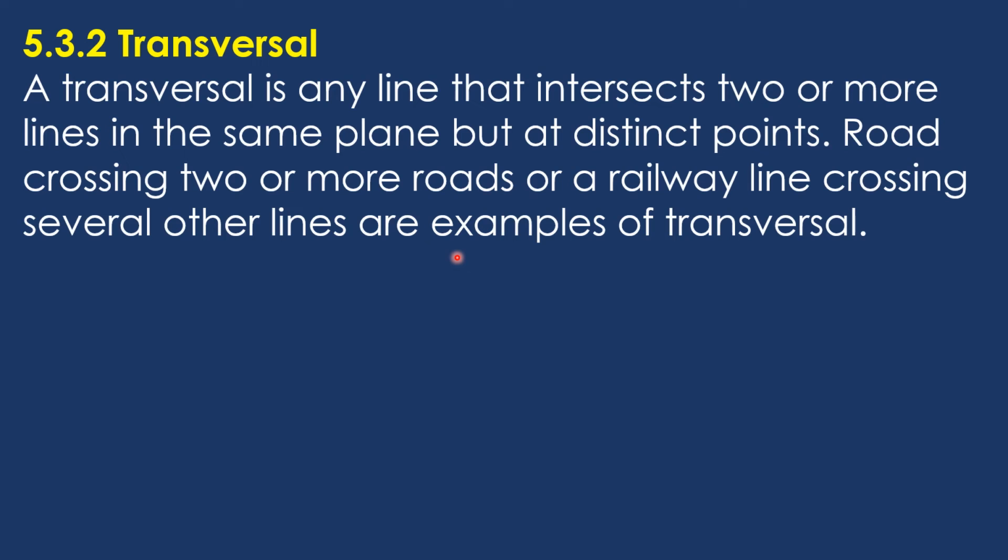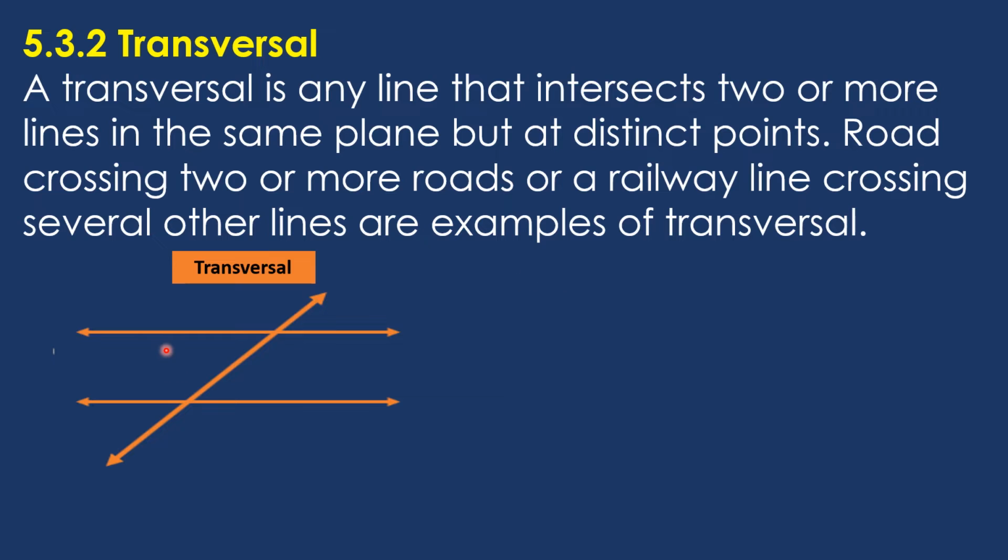Next, what is a transversal? A transversal is any line that intersects two or more lines in the same plane but at distinct points. Whereas in the case of intersecting lines there will be only one point of intersection, in a transversal this will be different. A road crossing two or more roads or a railway line crossing several other lines are examples of transversal lines.